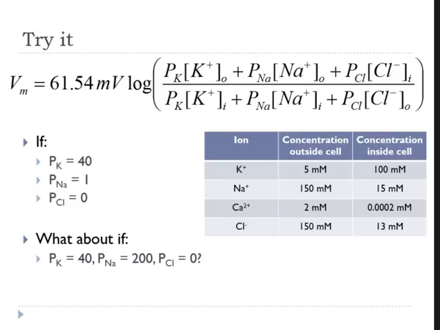And what that does is that it emphasizes this part of the equation. This sodium part of the equation becomes much more influential as the permeability of sodium increases. So effectively, in real life, what's happened is we've increased the number of sodium channels that would be open, which allows much more sodium to flow across.